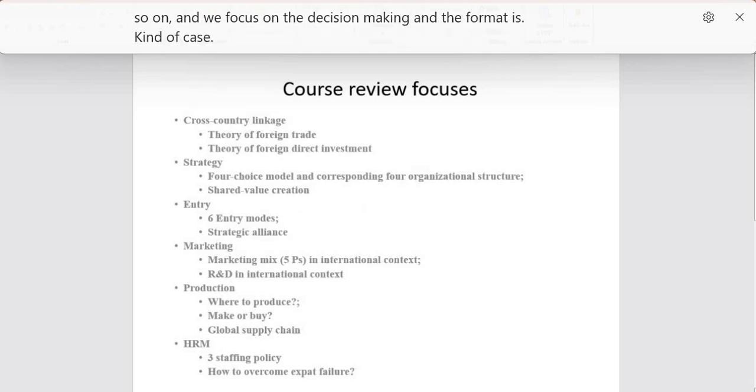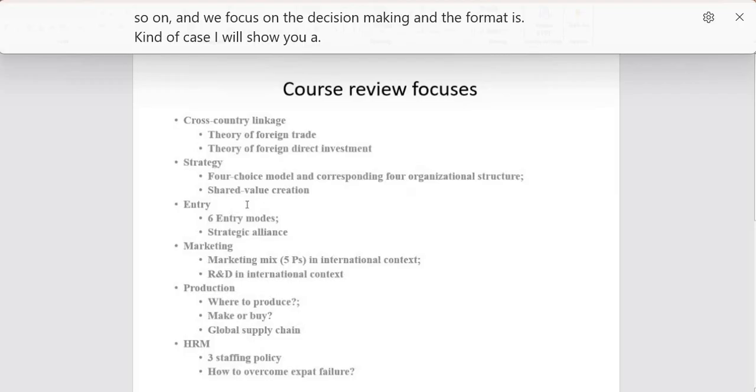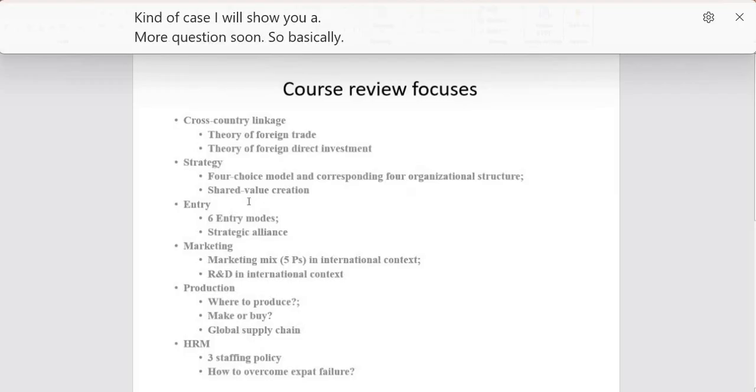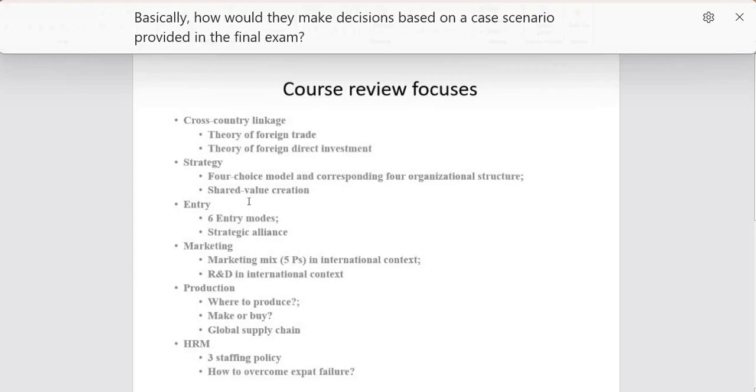I will show you more questions soon. So basically, what we want to prepare students for is how they would make decisions based on a case scenario provided in the final exam, and the logic behind their decision making.